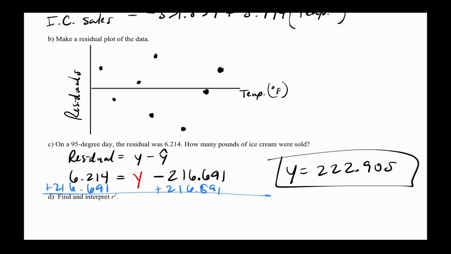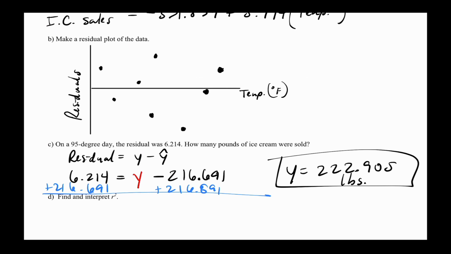For the residual to be 6.214, the observed would have to be a little bit more than the predicted, 222.905 pounds.